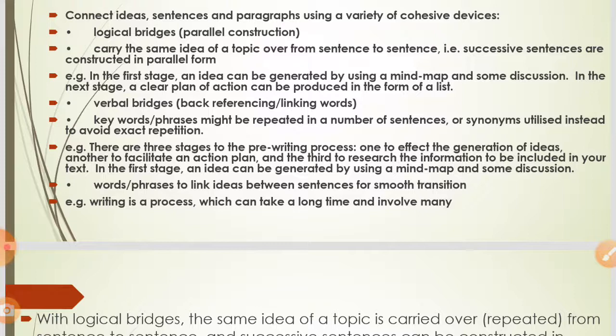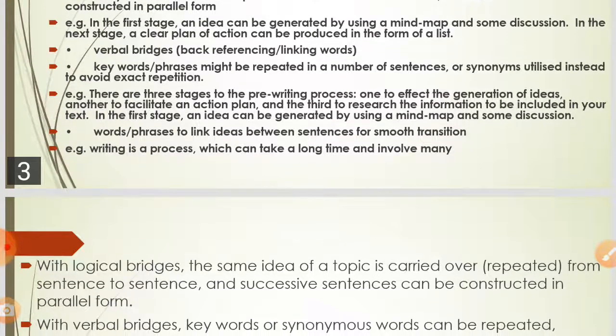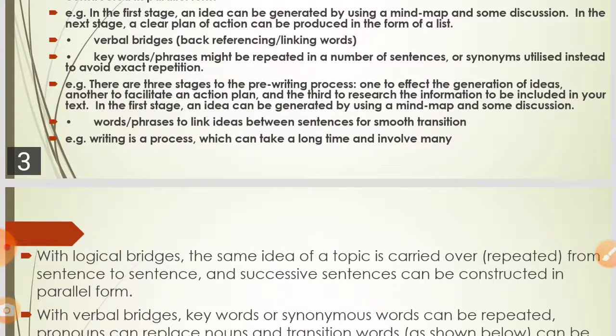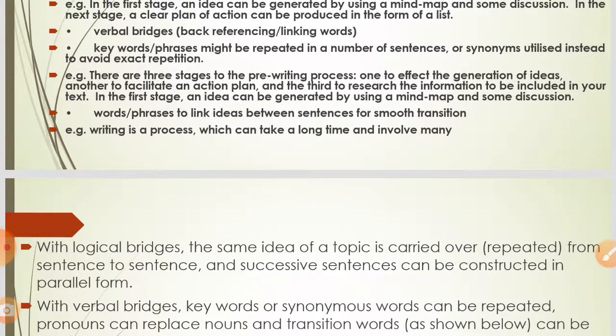Verbal bridges: back references, linking words. Keywords and phrases might be repeated in a number of sentences, with synonyms utilized instead to avoid exact repetition. There are three stages to the pre-writing process: one to effect the generation of ideas, another to facilitate an action plan, and the third to research the information to be included in your text.